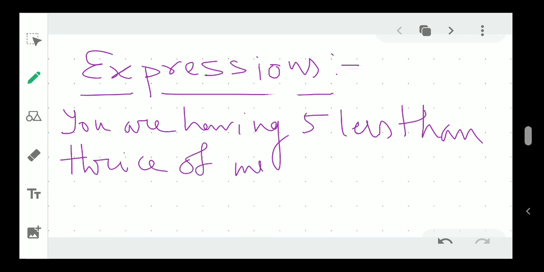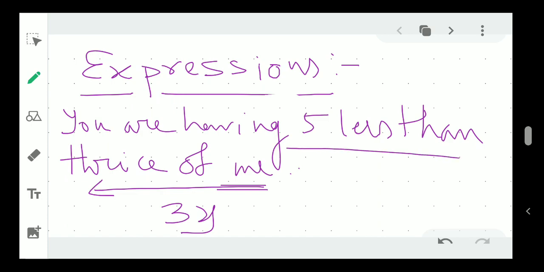See, this is a little bit tricky, more complex. If I have y amount of fruit, you have to come from the last part. Thrice of me means 3y, and 5 less than this thrice of me means minus 5. So this will be the expression, 3y minus 5.